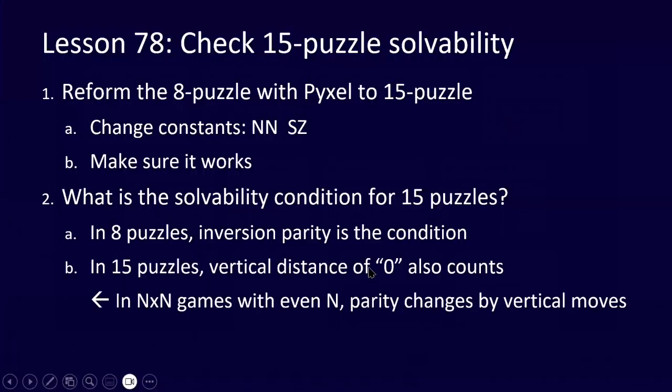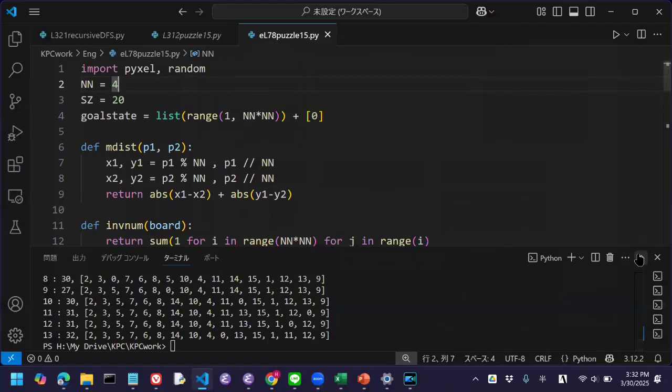In 15 puzzles, the vertical distance of the empty panel also counts. Maybe if you search the web, you can find out why, but this is what we should know. So the vertical distance of the empty panel counts. Let's try it.